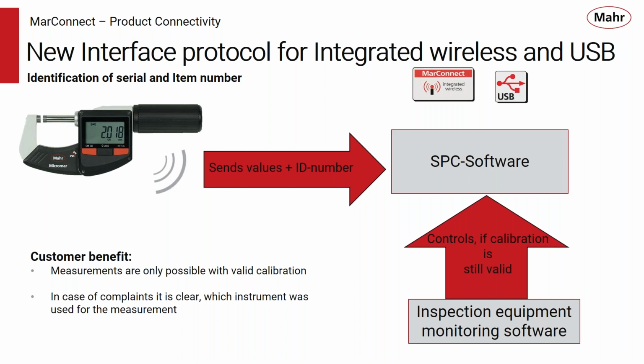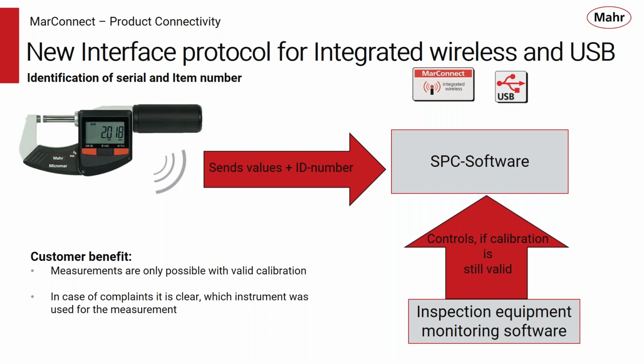So why is that important? Well, it just goes a little bit further in the documentation of the measurement. Now your SPC program can collect the data, and you can verify that that information came from the right measuring tool that was assigned to the task of making that measurement. So you've completed the loop.